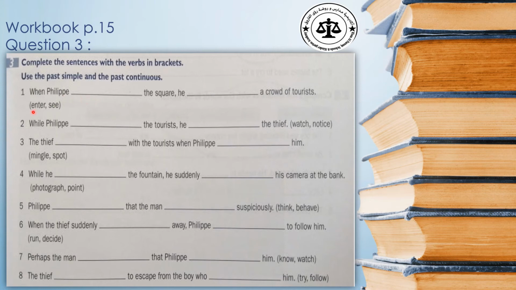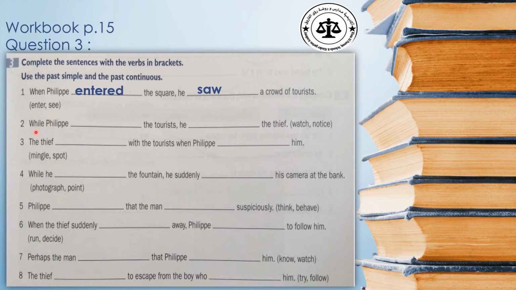When Philip entered, excellent, the square, he saw a crowd of tourists. See is a stative verb, so we can't use this verb in continuous tense, and these two actions are short, so we have to use simple past in each sentence.